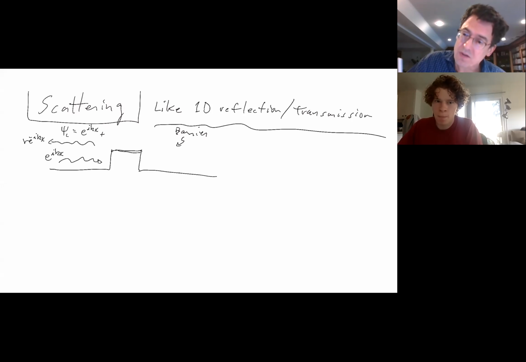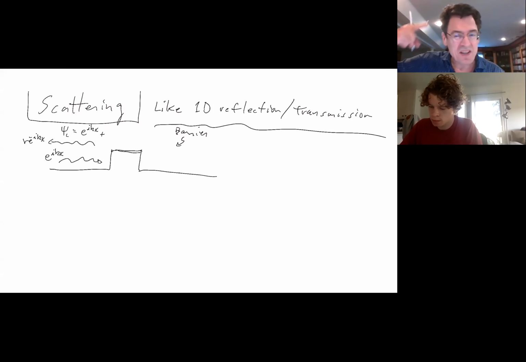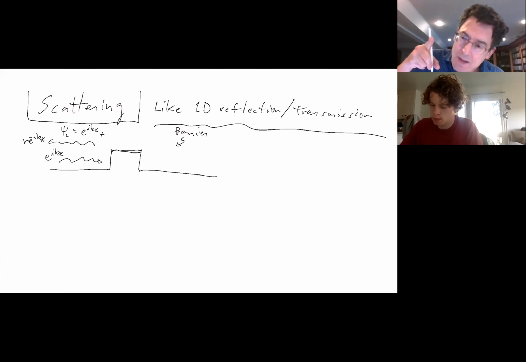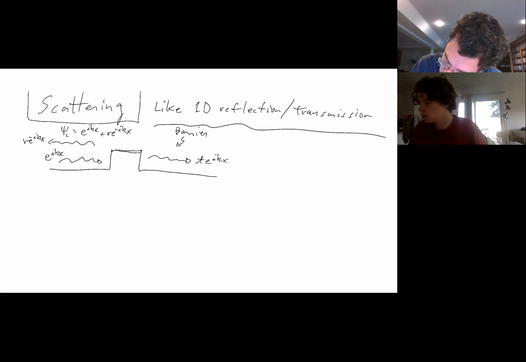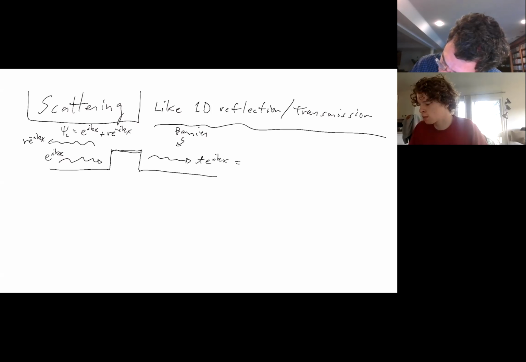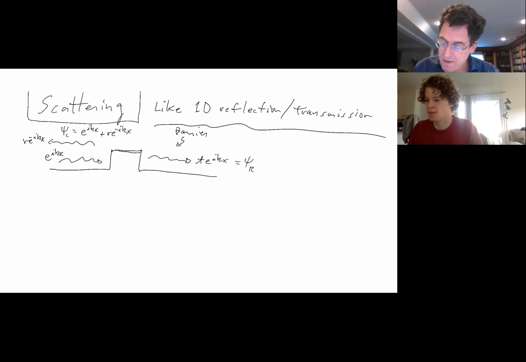When I say amplitude, in your mind you should be thinking probability. There's an amplitude to go forward and at the same time an amplitude to be reflected, so we have to add those two amplitudes together in quantum mechanics. And then there's an amplitude to get through, T e to the ikx, and that's the wave function on the right-hand side of the barrier.